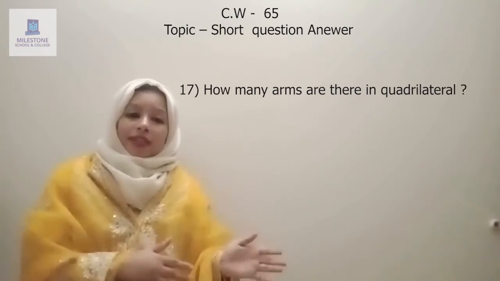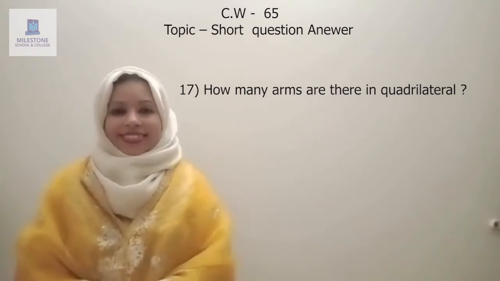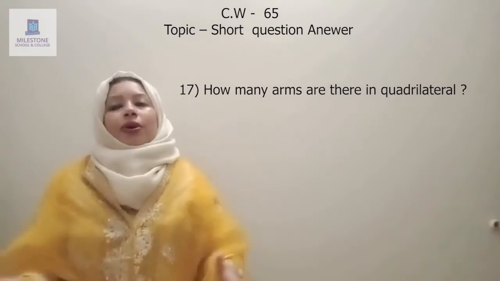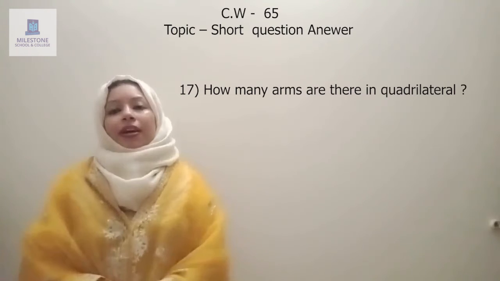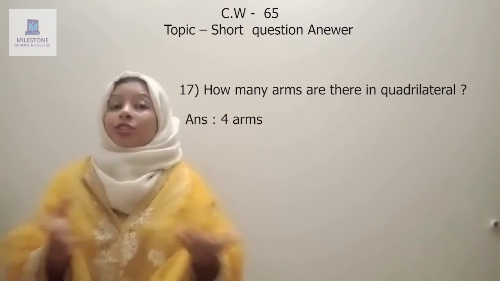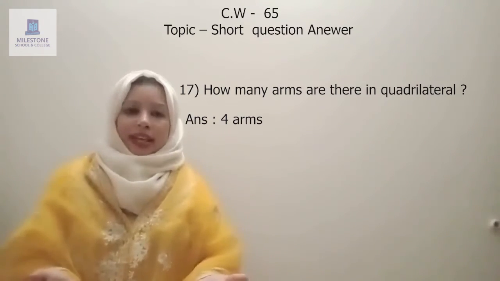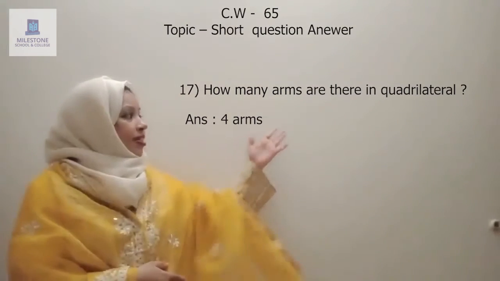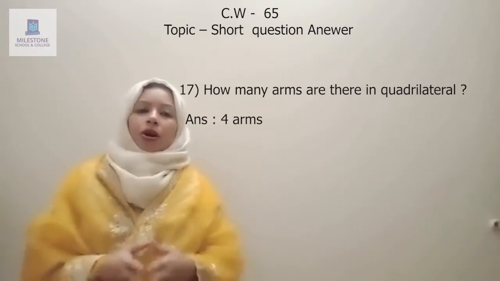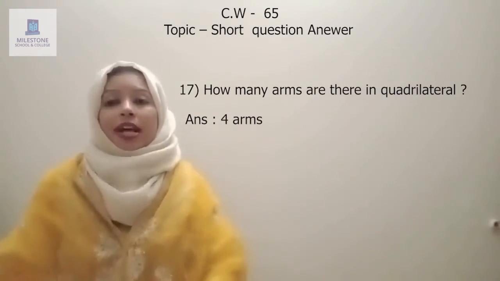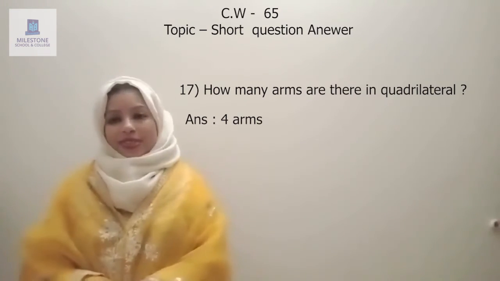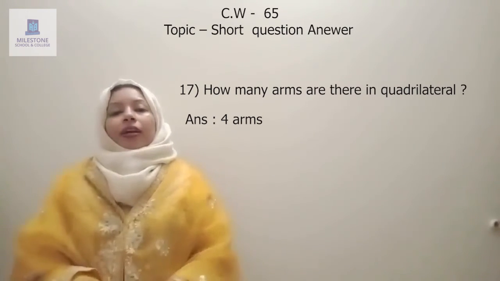Arms has the same meaning as sides. So in a quadrilateral there are 4 arms. That means 4 sides. Same thing. So our answer is 4 arms. We know all quadrilaterals have 4 sides or 4 arms. Okay.